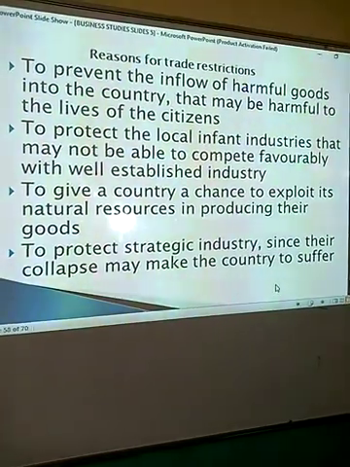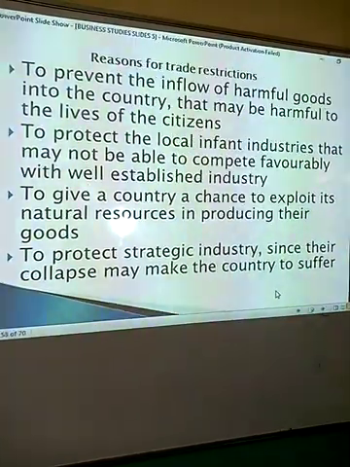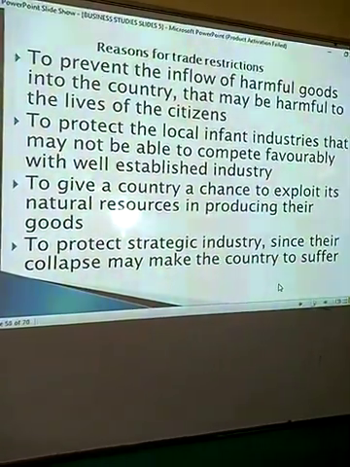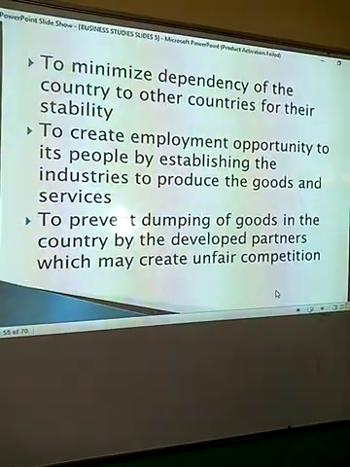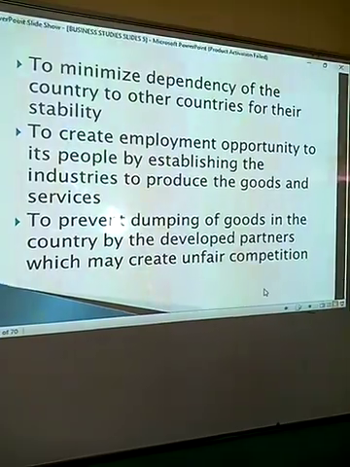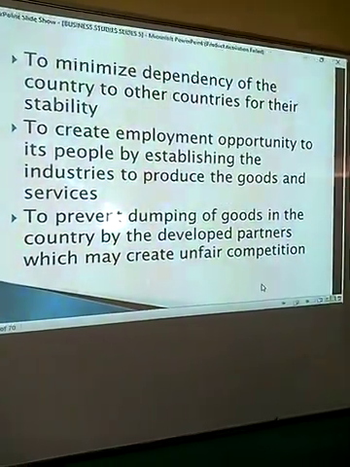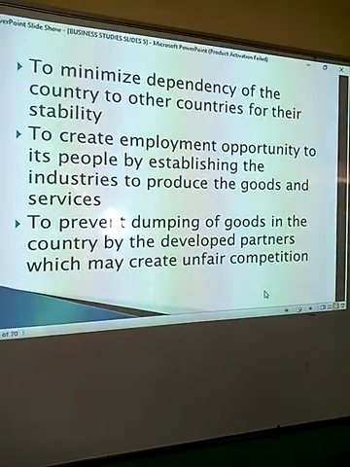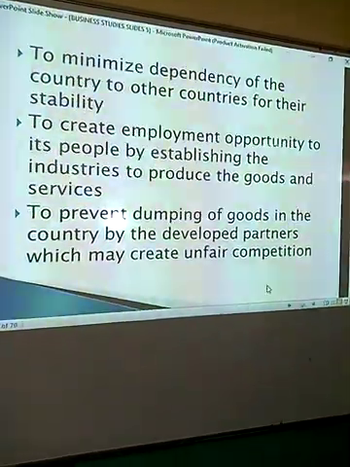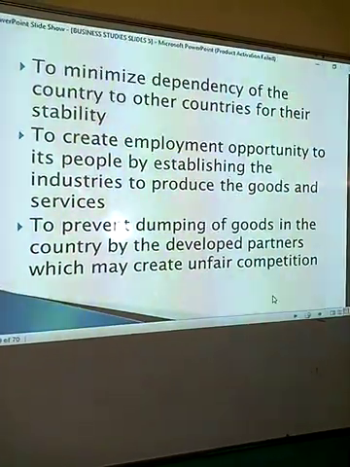If that happens, then strategic industries in the country may suffer. And if those countries withdraw their support, then the country will end up suffering. We also have to minimize dependency of the country on other countries for its stability. There is need for independence. A country should not keep on depending on others.